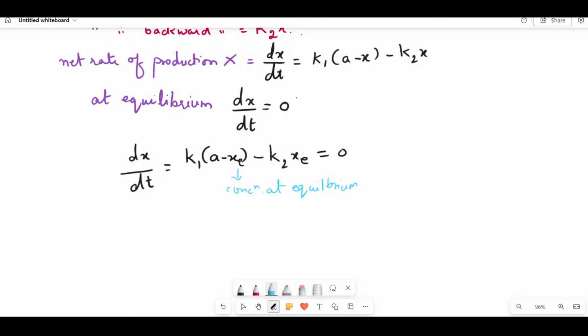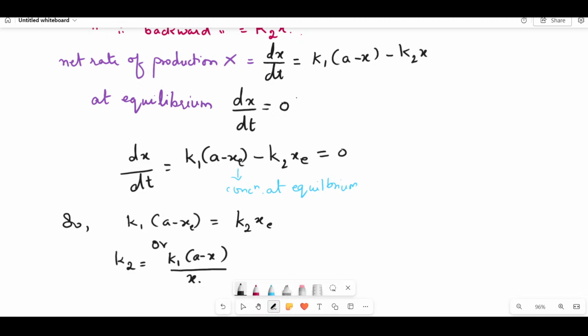So now k1(a minus xe) will be equal to k2xe, or you can say k2 is equal to, when we shift the whole thing over here, k1(a minus xe) divided by xe.